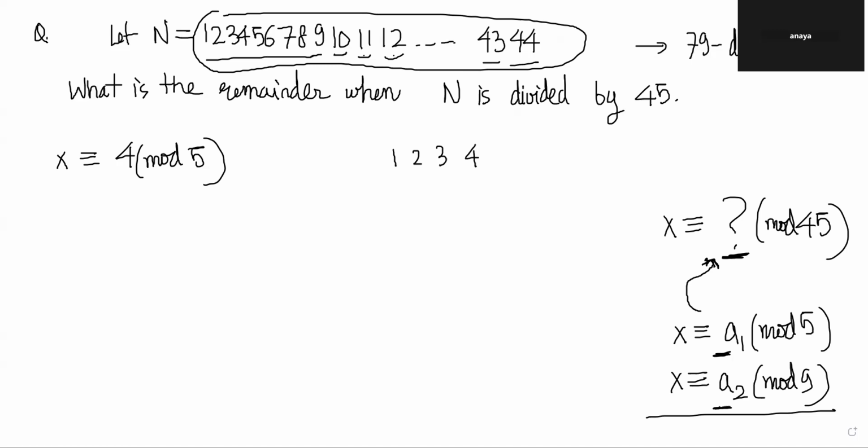The divisibility rule of 9 is that the sum of the digits of any number, mod 9, is the same as the number mod 9. So the sum of the digits of n is the same as n mod 9.